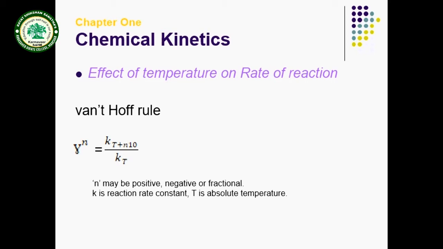So here the ratio of the rate constants at a higher temperature to the lower temperature gives us the temperature coefficient with respect to the increase in the rate of reaction.